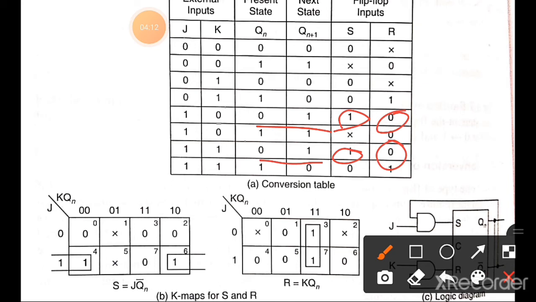Then it is known as set state. So this is the conversion table.